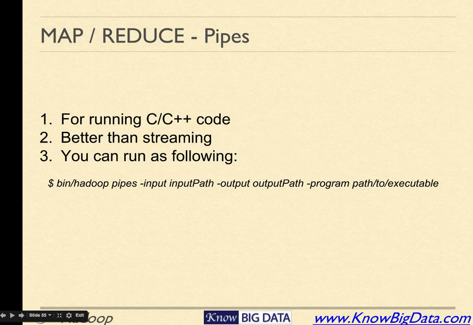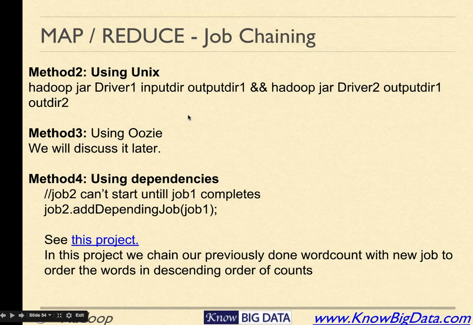In the same way, you could also run your two Hadoop jar commands. Okay, that's the second method. The third method could be using an external workflow manager such as Oozie. Oozie is like your Apache Ant, where you could say that once this finishes, do these things.